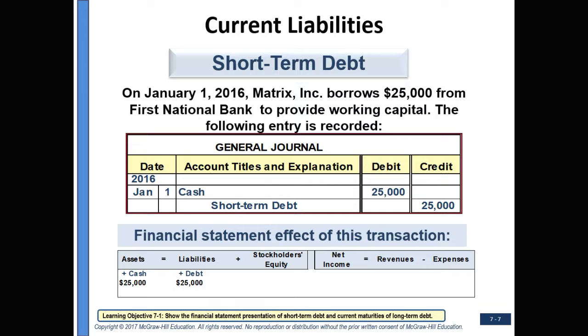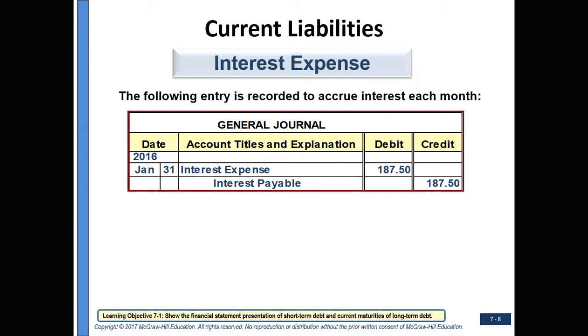Now, attached to most debt is going to be some type of an interest clause, some type of an interest that is stated. And this is the cost of borrowing.